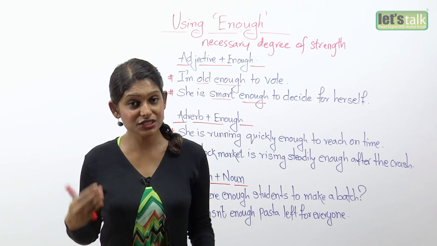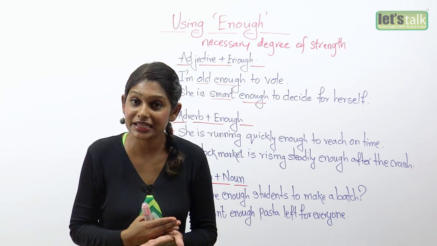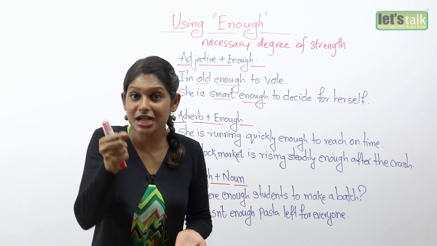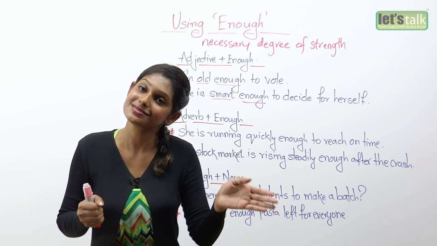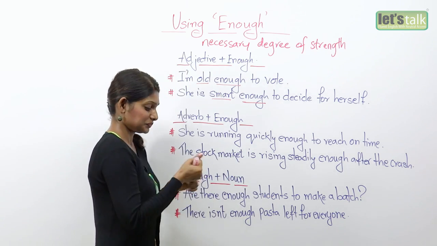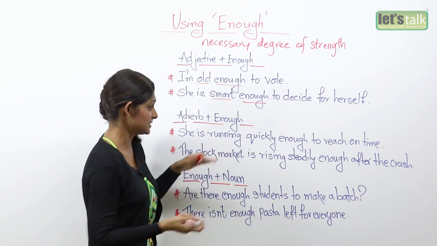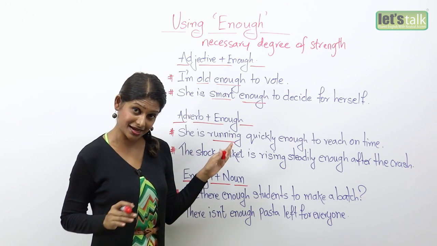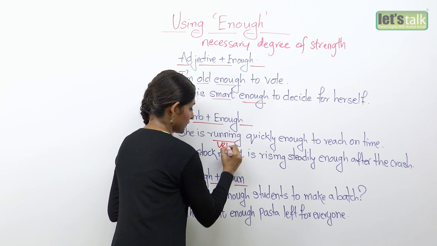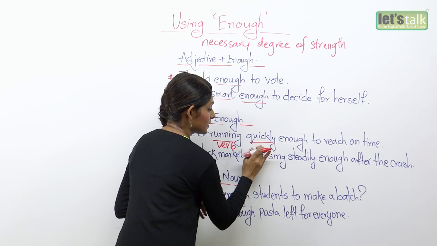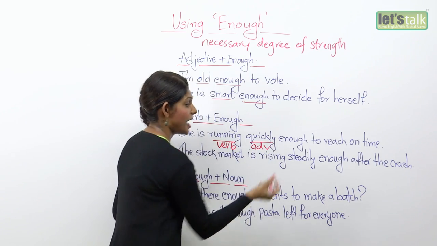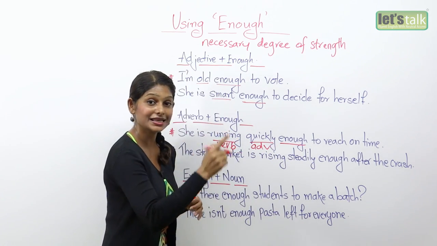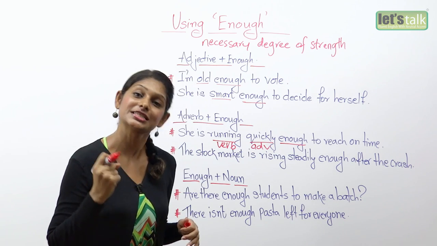No, she has to run quickly enough or rapidly enough so that she could actually catch the bus, and that will take her to her destination. So I'll explain this part of the sentence. Running is the verb, okay, and quickly, that modifies the verb, which is the adverb, and she was running quickly enough. It means with sufficient speed.